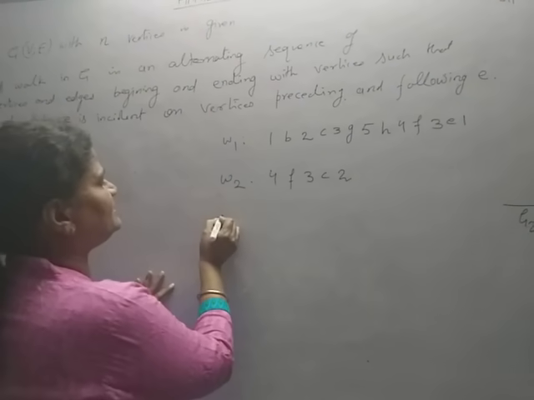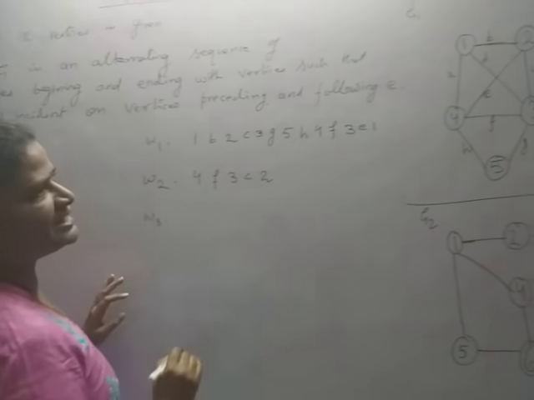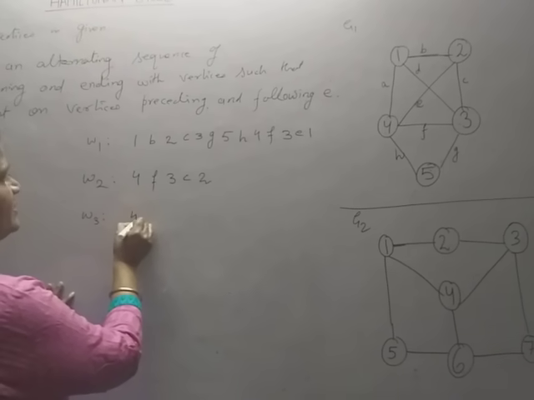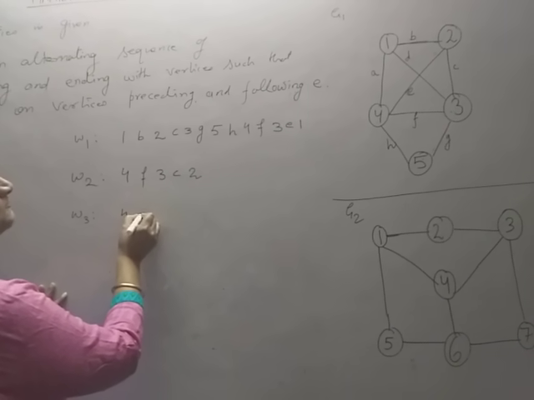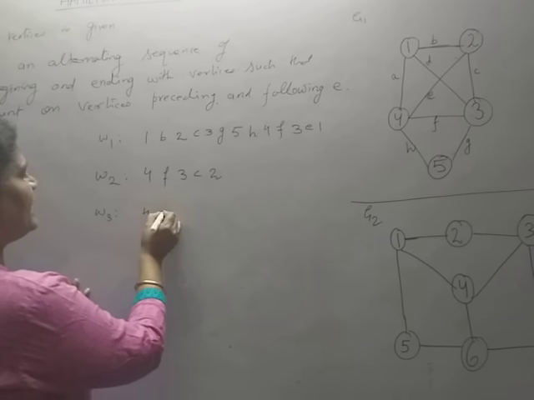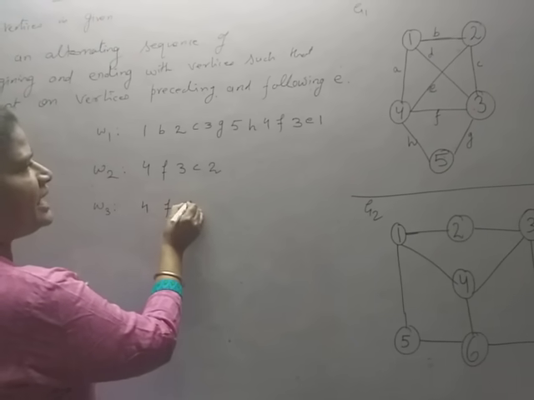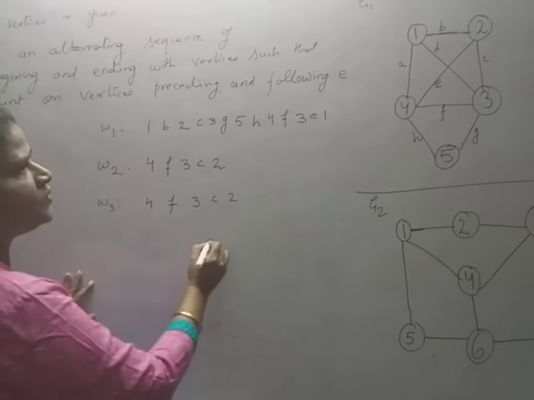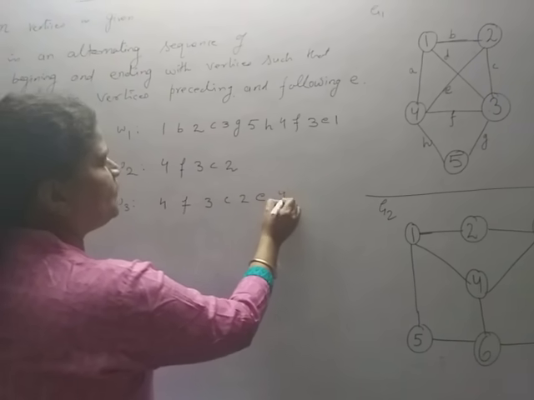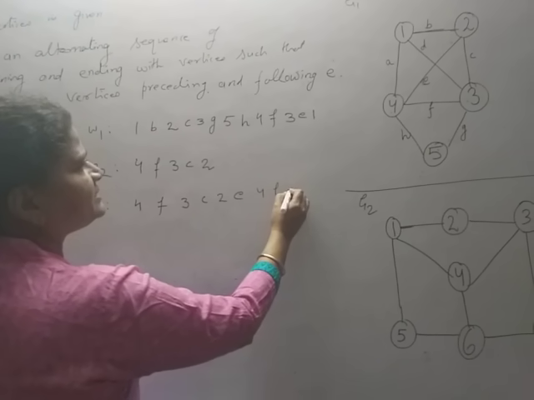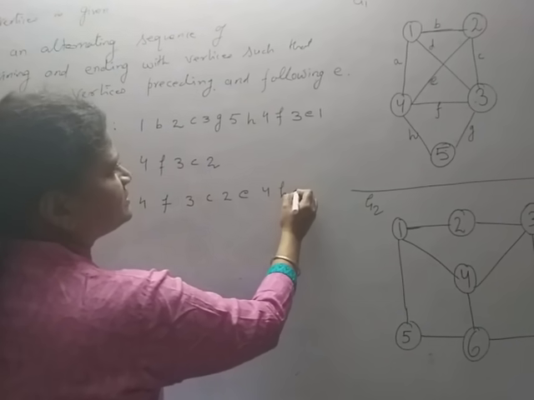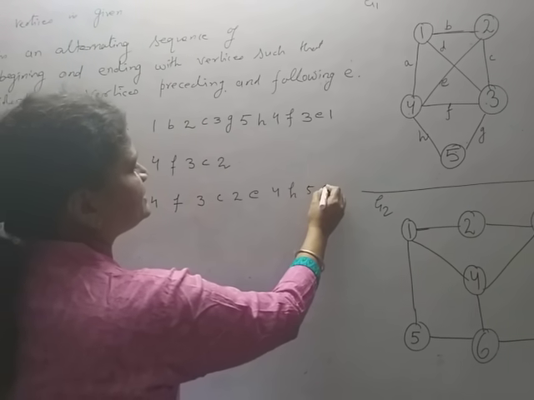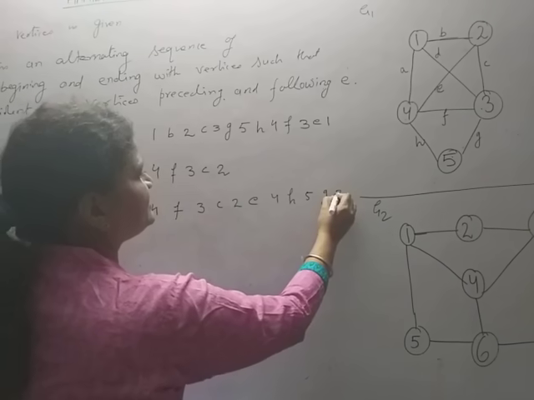Now another walk we can write for this graph is 4, F, 3, C, 2, E, 4, H, 5, G, 3.